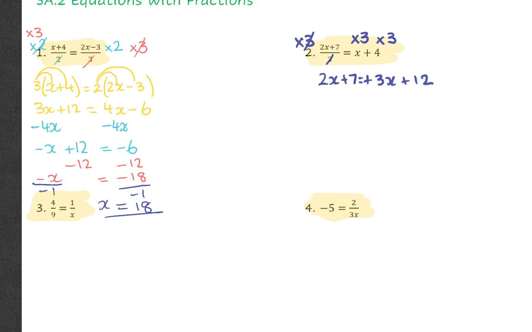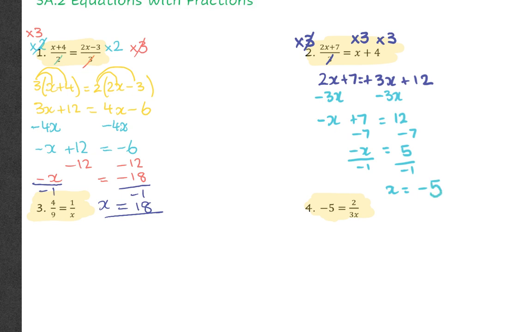Now, let's get all the x's together. And x equals negative 5.